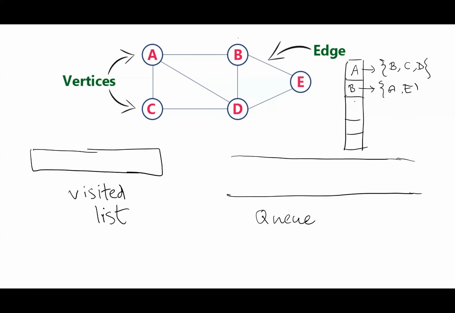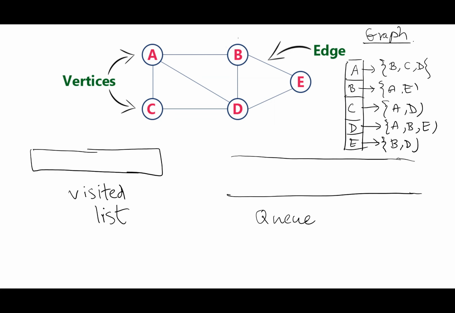So this is the representation of the graph. For C, it's going to be A and D. For D, it's going to be, oh sorry, A, B, and E. And for E, the adjacent vertices are going to be B and D. So this is the graph representation that we got.